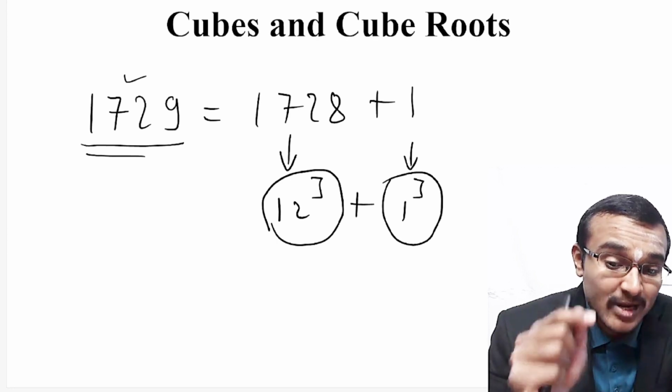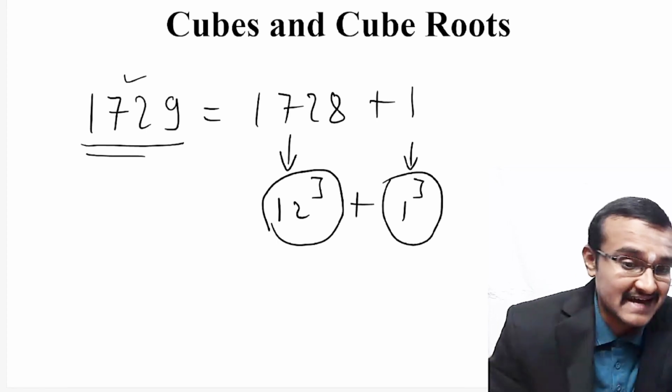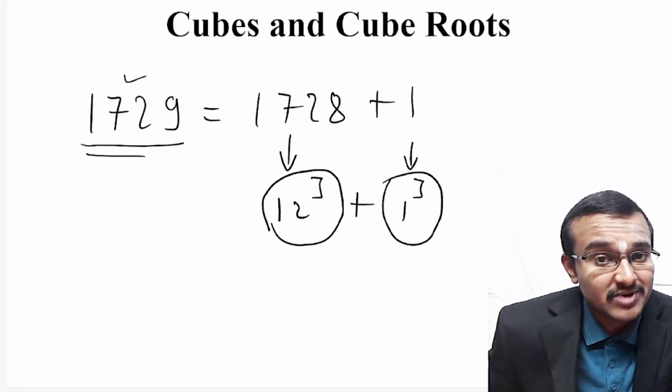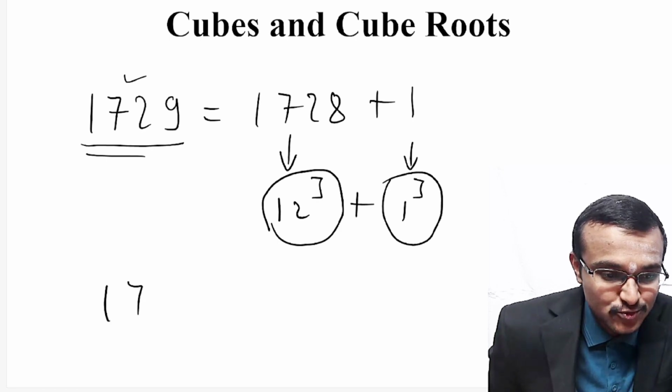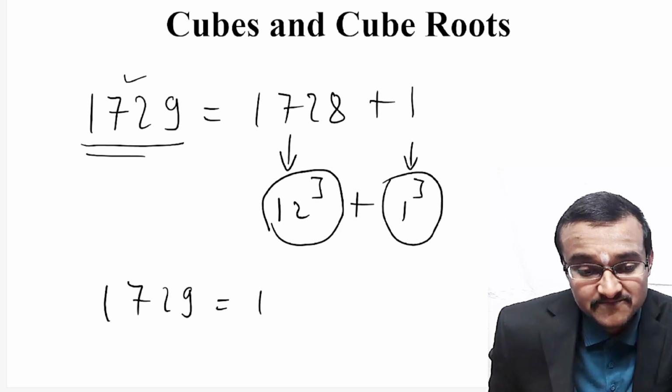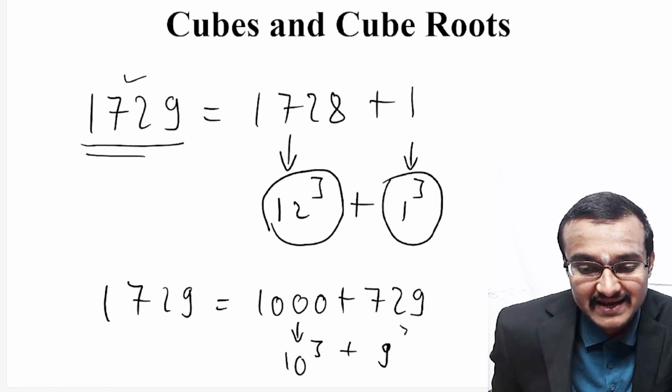Not only 12 cube and 1 cube, 1729 can also be expressed as 10 cube plus 9 cube, because 1729 can be written as 1000 plus 729. So 1000 is actually 10 cube, 729 is actually 9 cube.